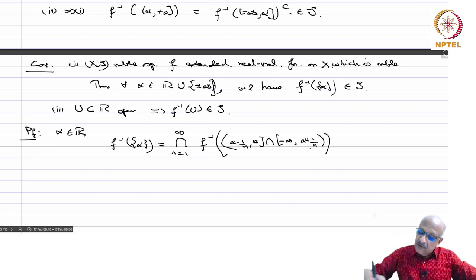Since all of these inverse images are in S, a countable intersection is in S, so this belongs to S.